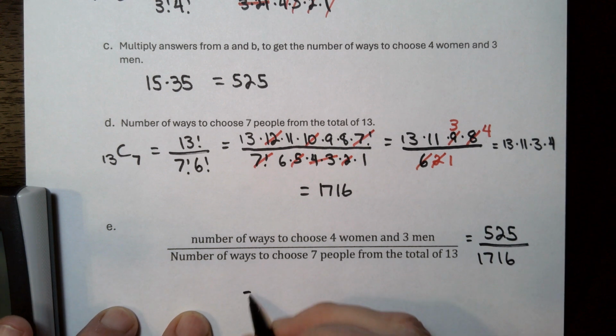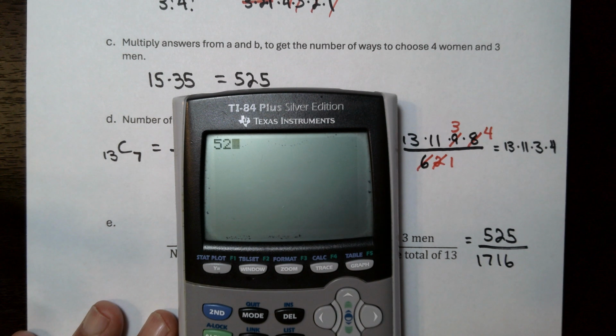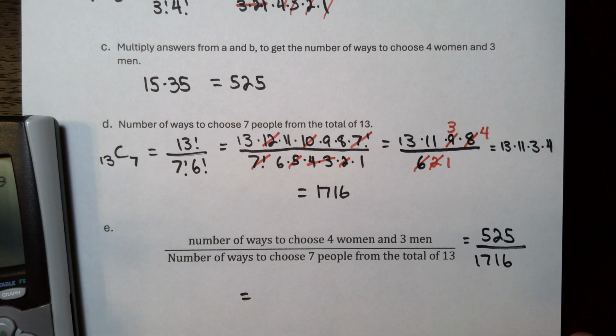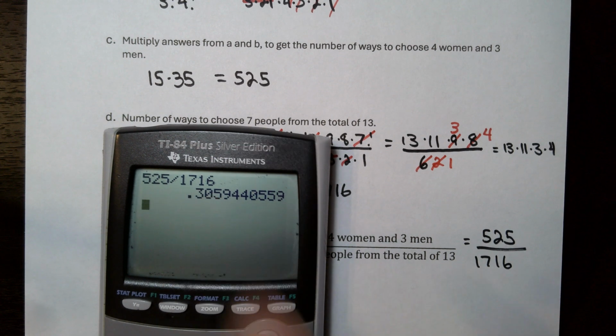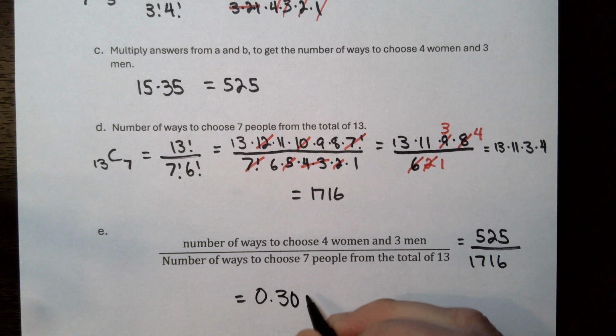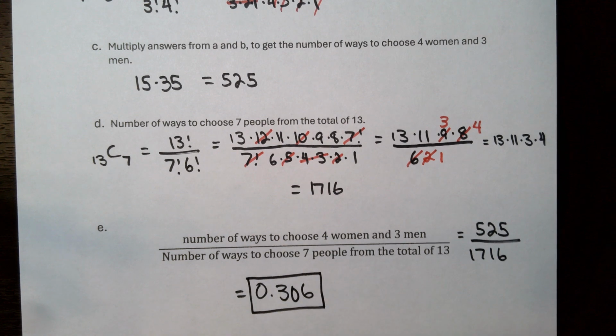And it wants it as a decimal, so let's type that in. 525 divided by 1716. And we get 0.306, it looks like, because you have to round up. This is the third decimal place, so we'll round up. So 0.306 is our answer. And that's it.